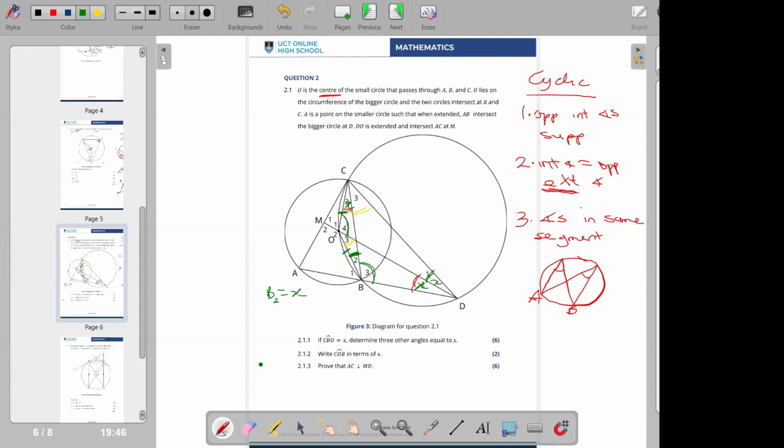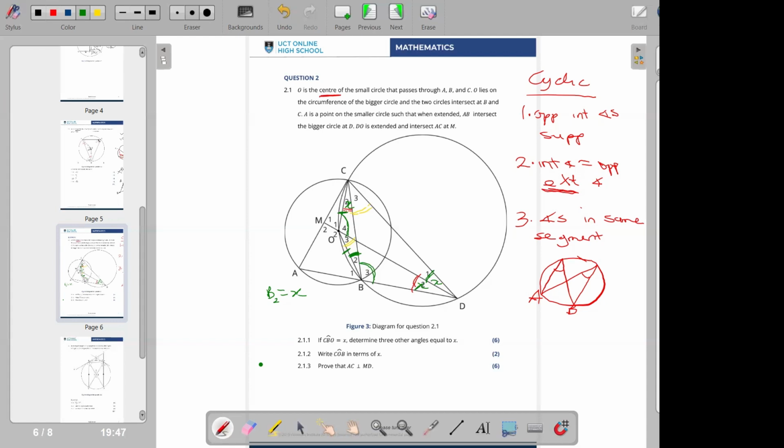Because in triangle OCB, angle B2 and angle C2 are equal to x.